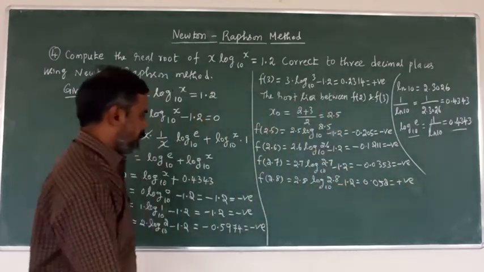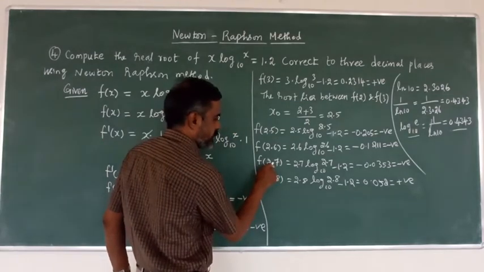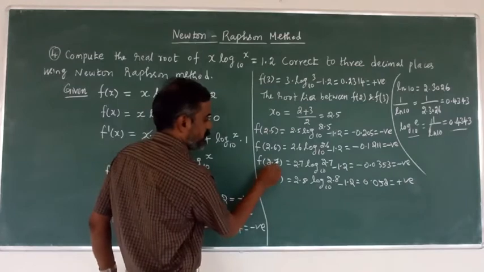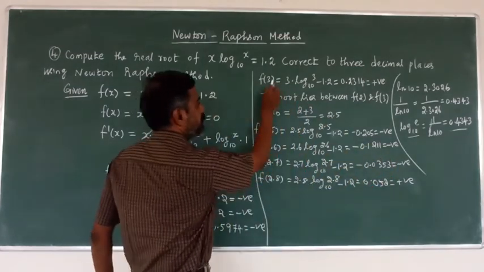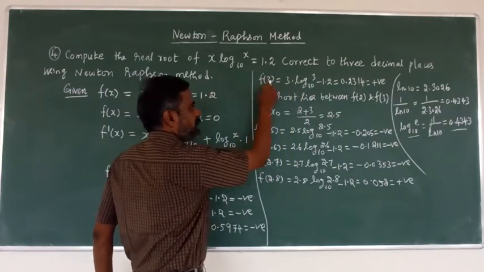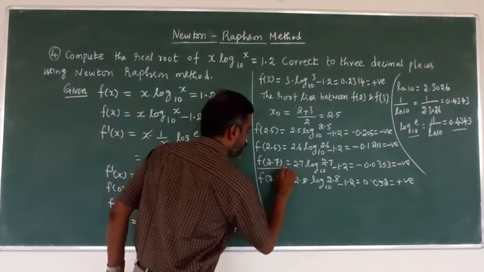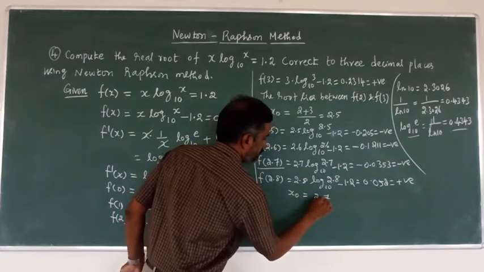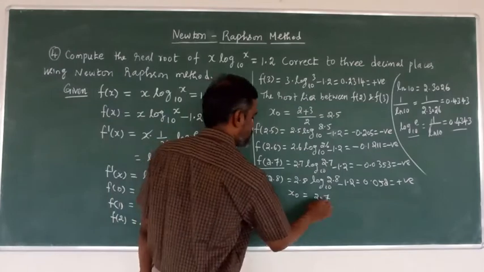So f(2.7) is negative and f(2.8) is positive. f(2.7) negative result is very close to the positive result. So we can take the x₀ value 2.7.